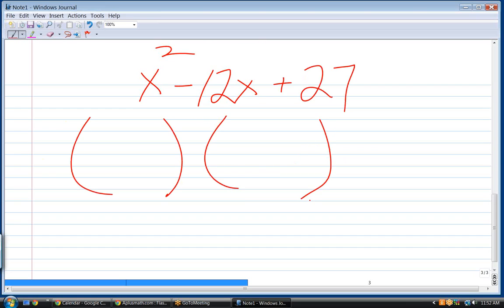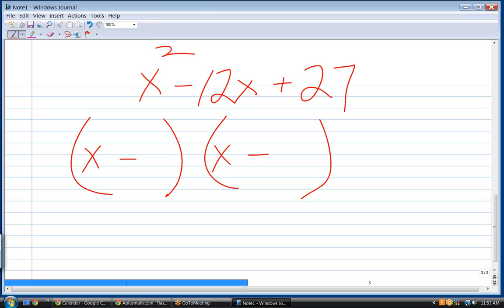Tell me step one. Okay, step one, put an X there and an X in the second box. Step two is to put negative signs after the X's. Very good. Step three. Verbalize it.